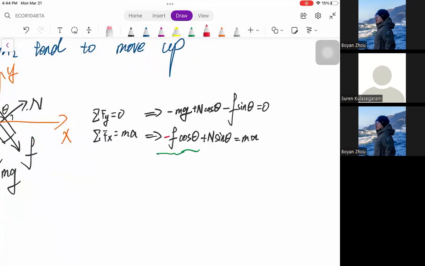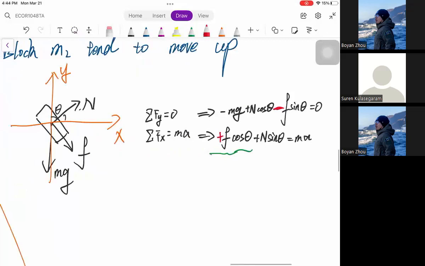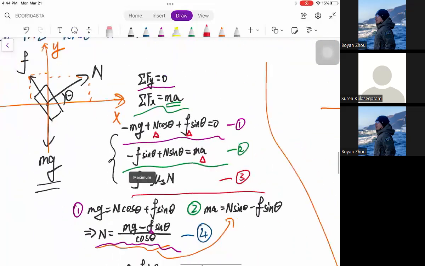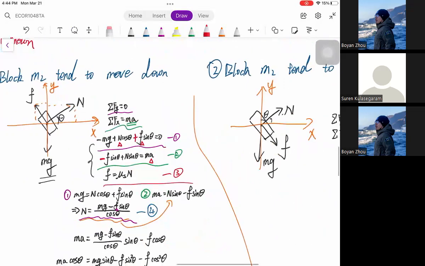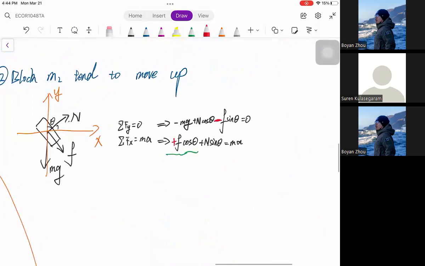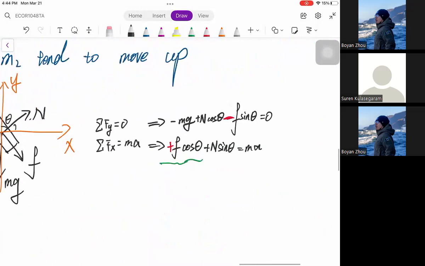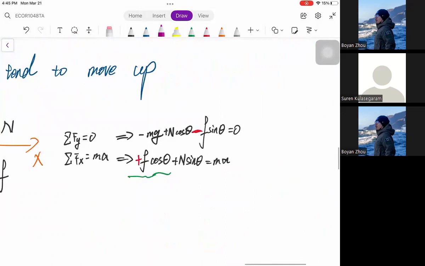Here we have positive and here we have negative, whereas in our previous case we had a negative sign here and a positive sign here. So the signs are opposite, but everything else is the same. So this is our first equation, and this is our second equation.